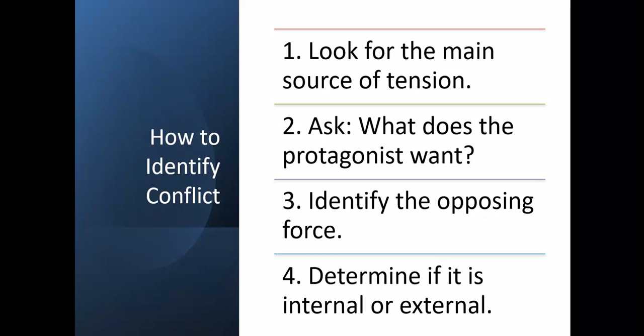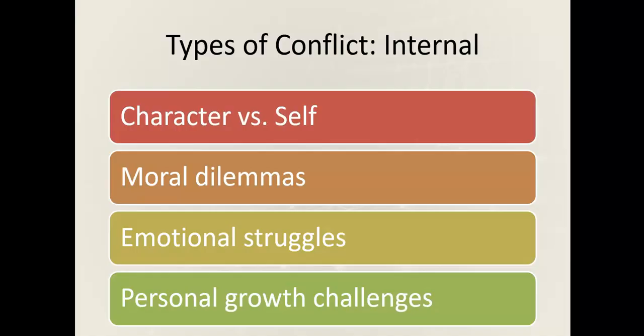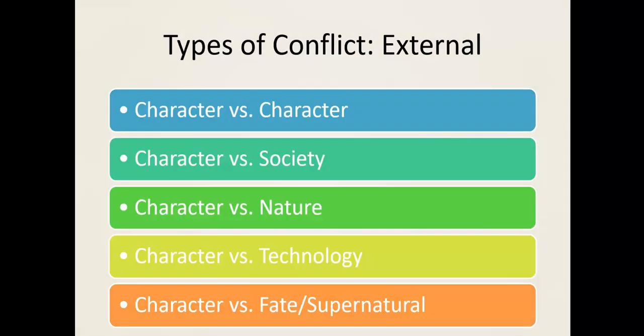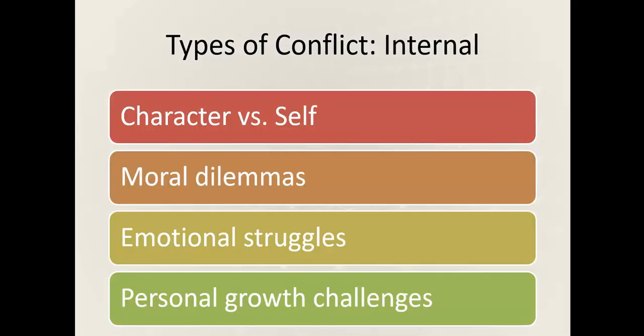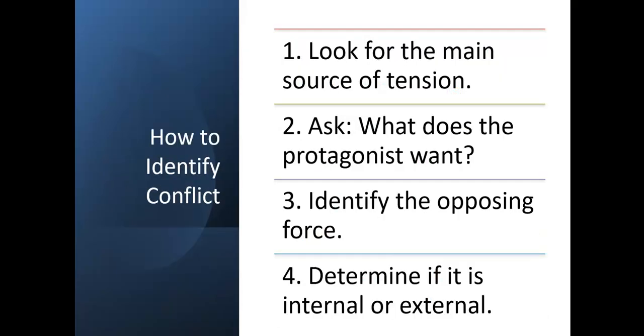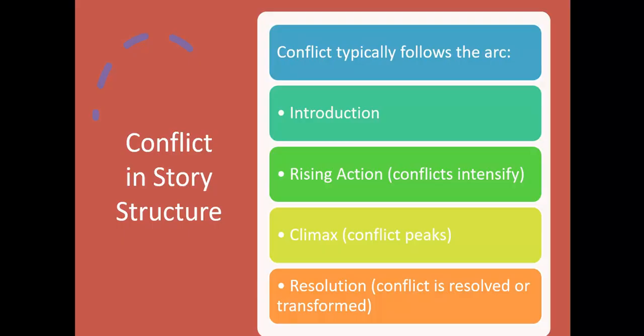So who or what is happening to stop that protagonist, that hero, so to speak, from achieving the goal? Who is that? That will help you identify conflict as well. Determine if it is internal or external. We talked about that back here. The external, right? In this one, the internal. So really look at that and determine if it's internal or external.